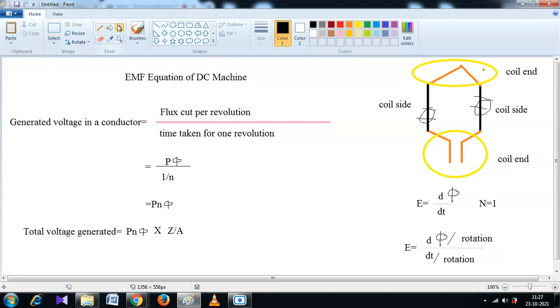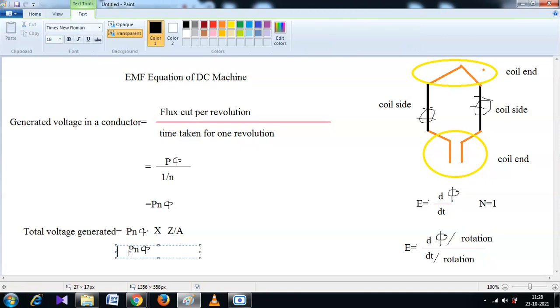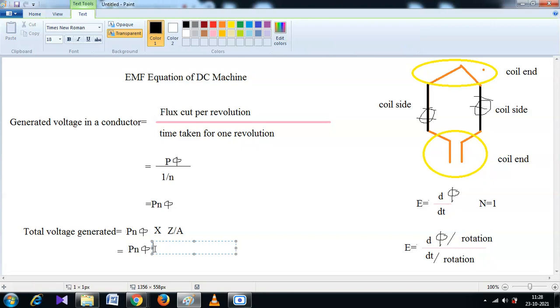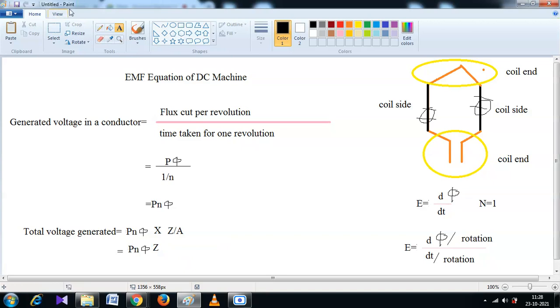Then what is the final expression? P n phi Z by A. Okay, good.